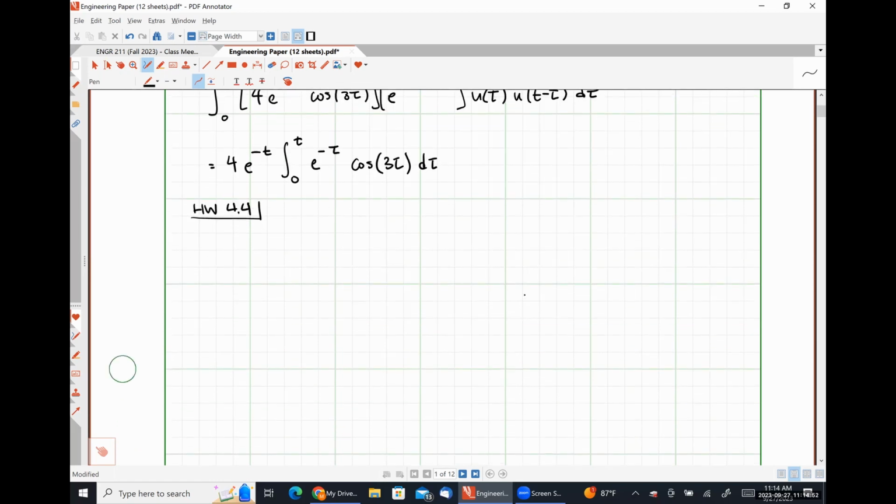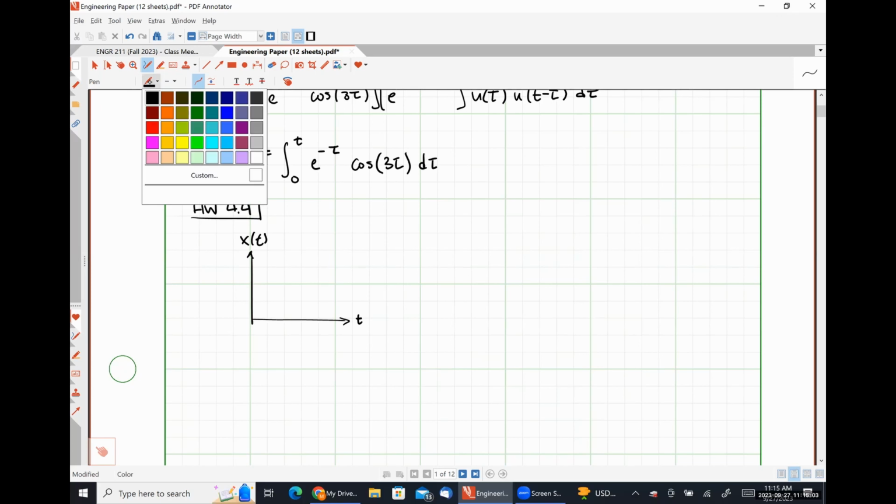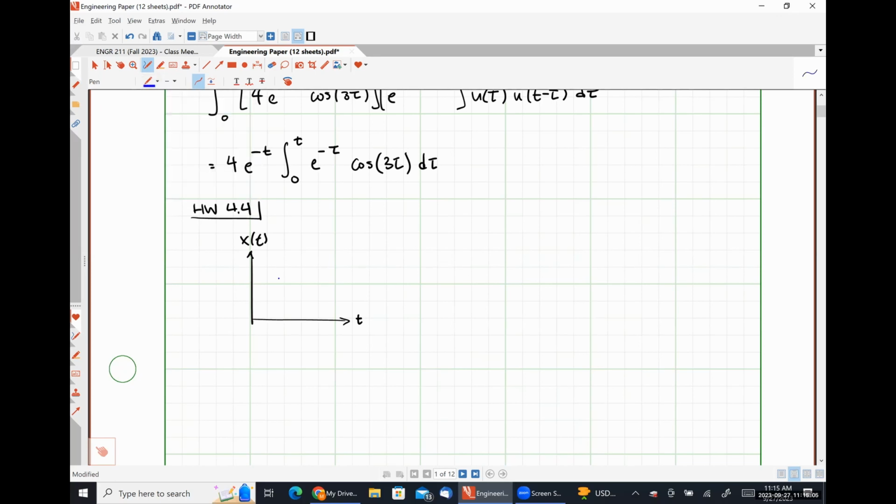So in this particular problem, we have x of t is something like this, right?